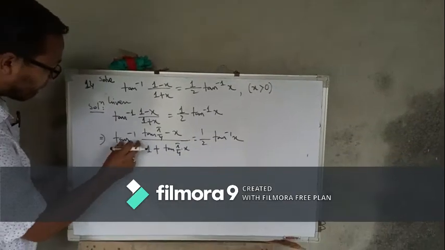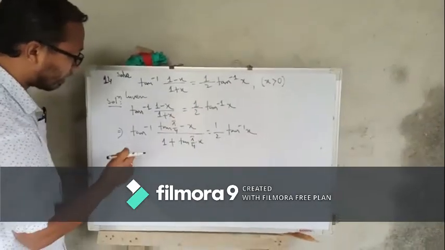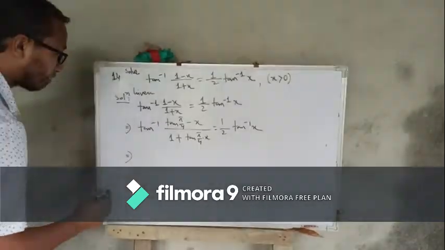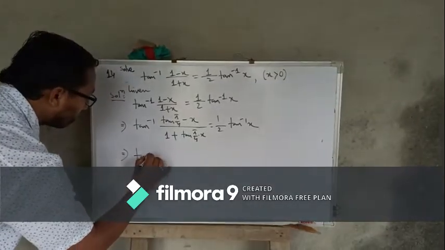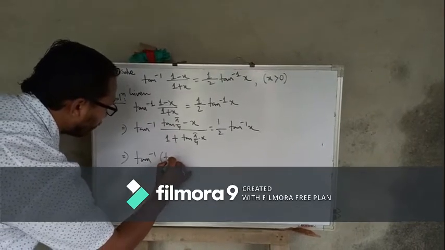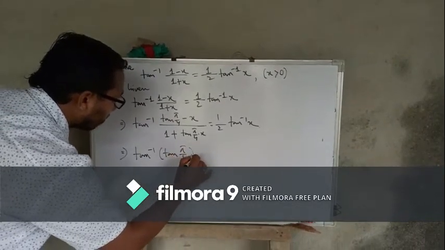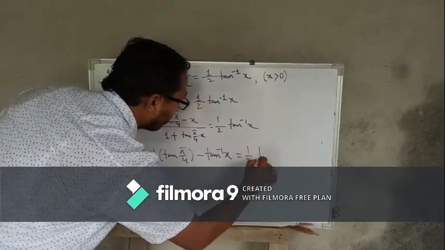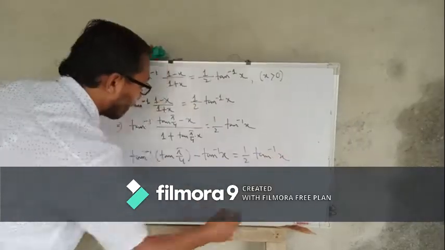Implies the property that tan inverse of x minus y by 1 plus xy. Then that is what? Tan inverse of x, x means tan pi by 4, minus tan inverse of y, is equal to half of tan inverse of x.